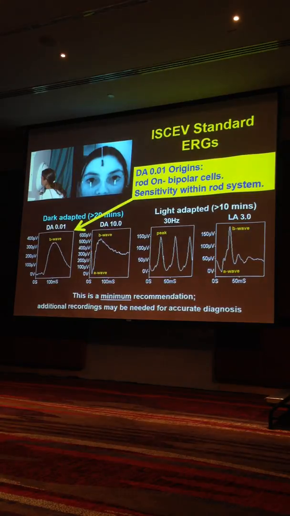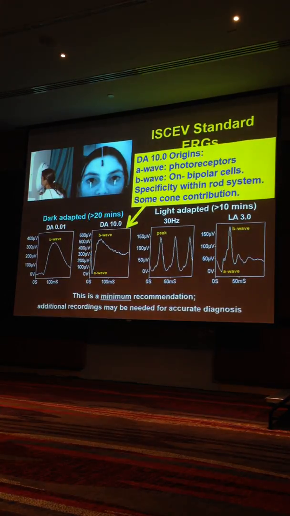The rod-specific ERG, the DA 0.01, arises in the on-bipolar cells, so it gives us sensitivity within the rod system but no specificity. The bright flash dark adapted ERG is what most people would draw if asked to look at an ERG and say, is this an ERG or not? They would say yes. Now we have an A wave which comes from the photoreceptors, and a B wave which comes from the inner retina, from the on-bipolar cells. So this gives you specificity within the rod system.